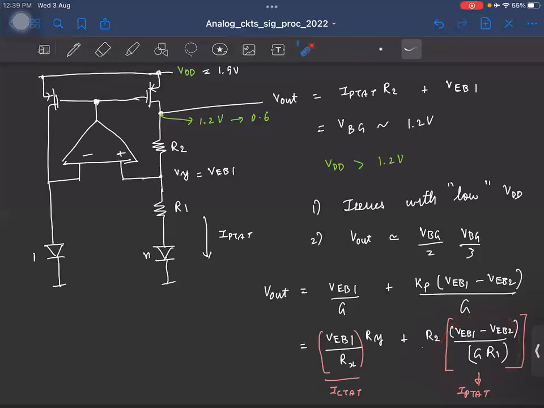If we can somehow generate this current also and add these two currents, and now I can make Ry to be equal to R2, right? So which means now this is simply the CTAT current plus the PTAT current times R2.